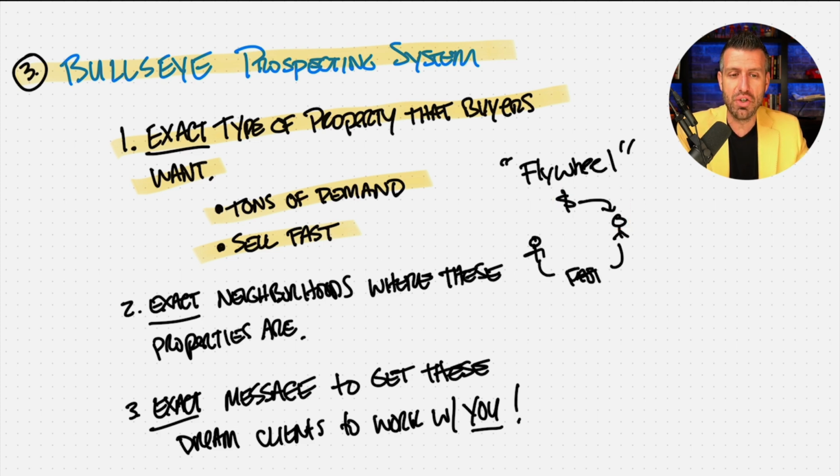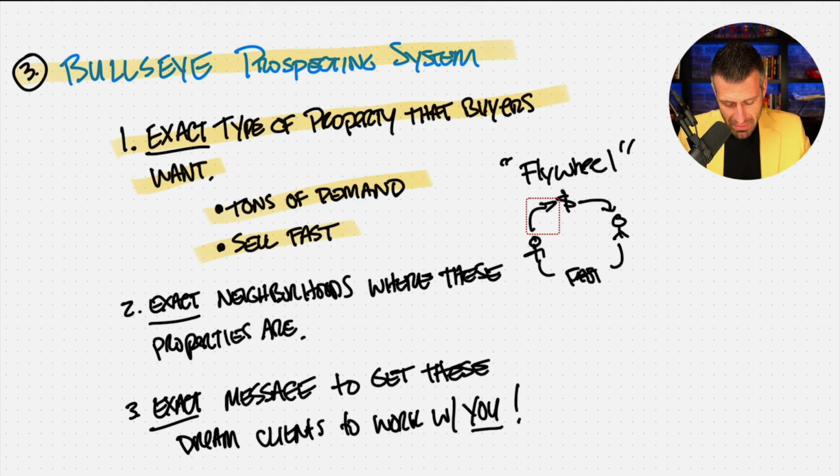The reason is that everyone's like, wow, every time this agent puts a property on the market, not only is it the best listing in town, the one that all the buyers want, the one that all the agents wish they had, but then you have all the buyers that come to you as well. So you have the best properties and the best buyers all coming to you, which then starts to attract more clients, and then you start getting more of those listings. And so that's the power of this system.